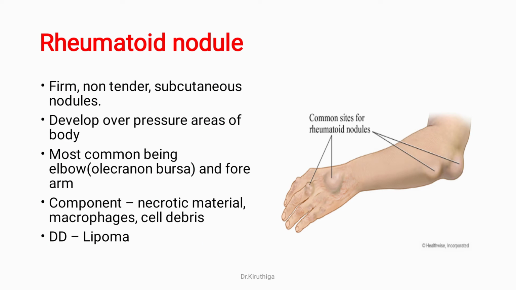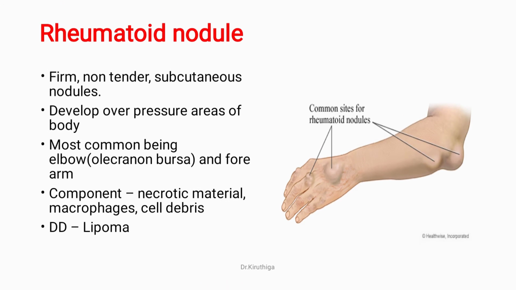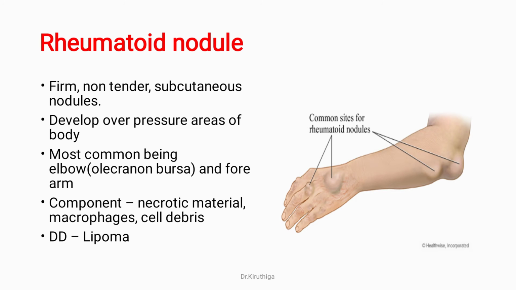And rheumatoid nodule is another sign. It is an extra-articular manifestation in rheumatoid arthritis. These nodules are usually seen in the pressure areas of the body. The commonest areas are the elbow and forearm. It looks like a lipoma because these are painless soft tissue swellings. The components of a rheumatoid nodule are necrotic material, macrophages and cell debris.